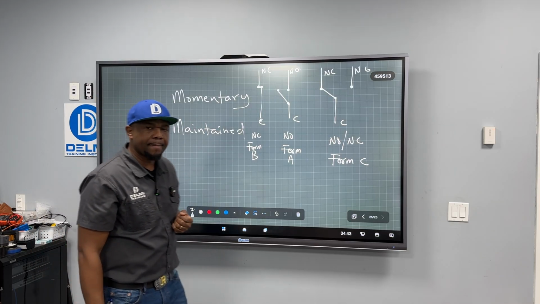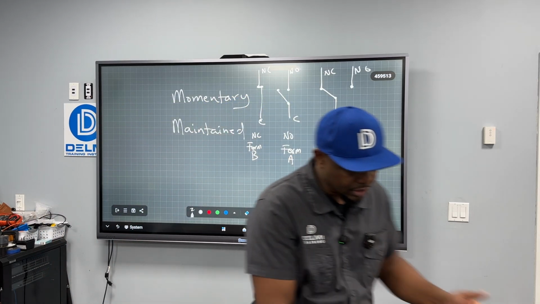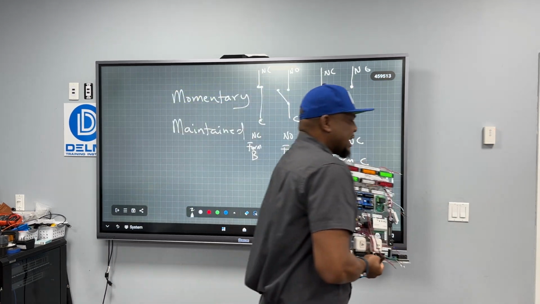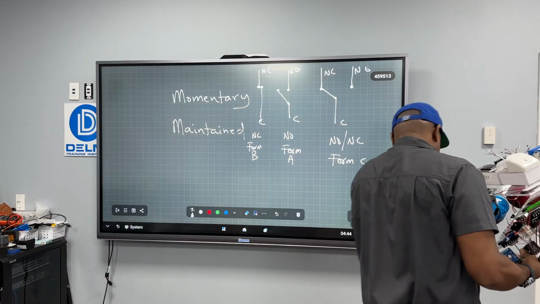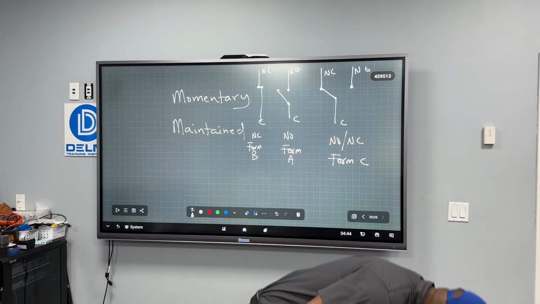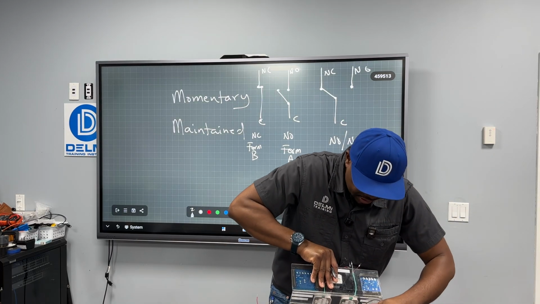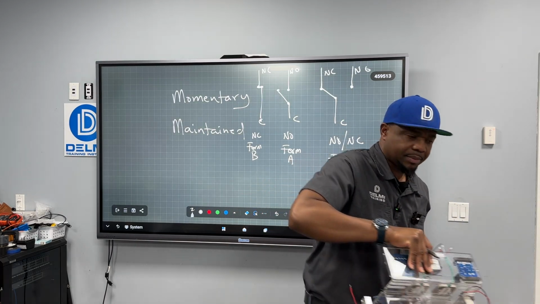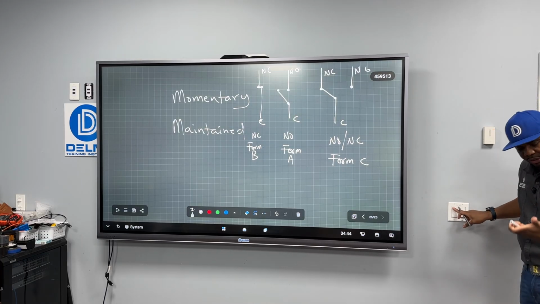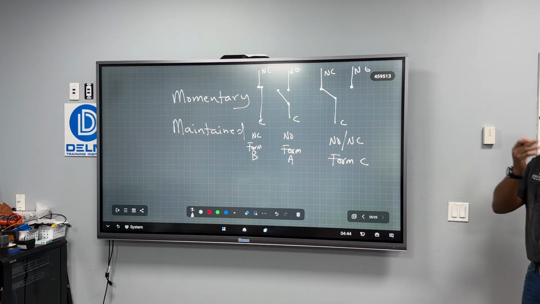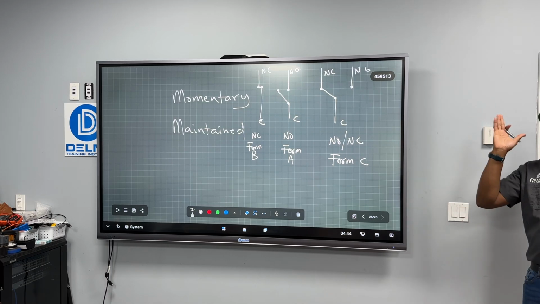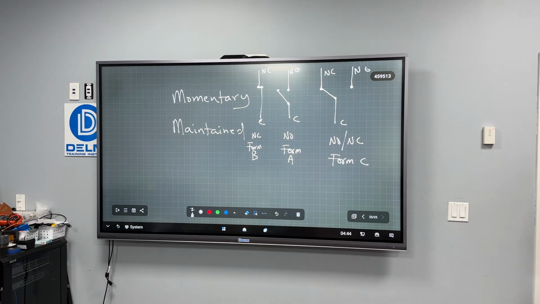What do I mean by maintained state? So let's look closely here. Let's look here. You see this switch? When I come in the morning and I press this switch, the light turns on and I can walk away.